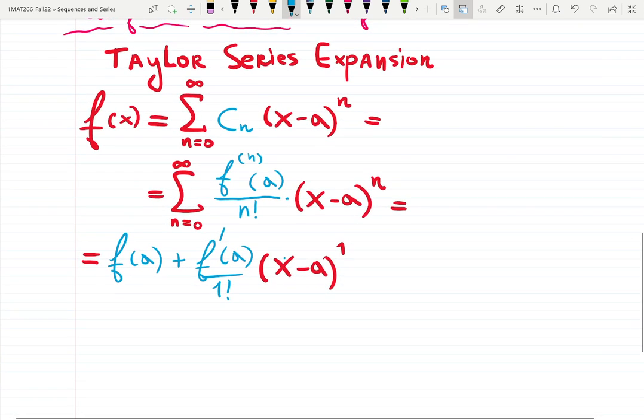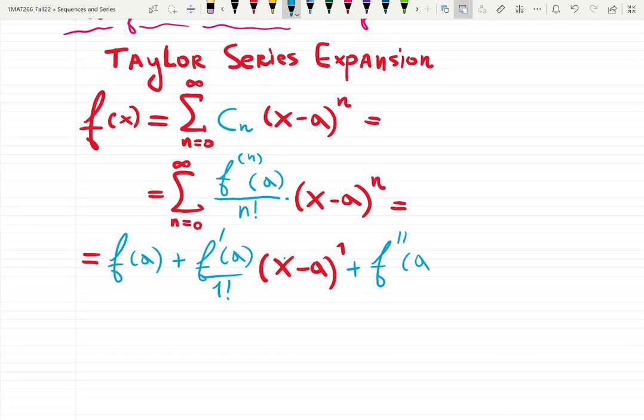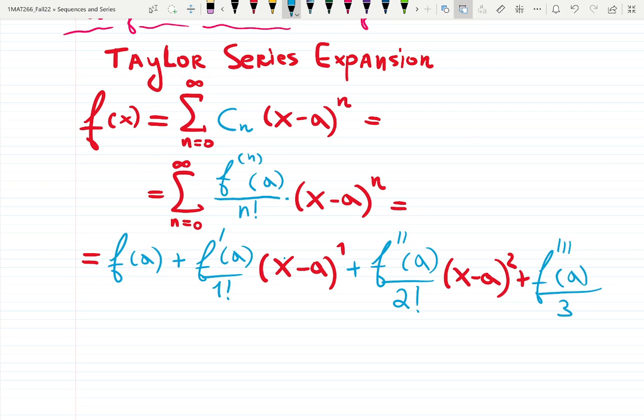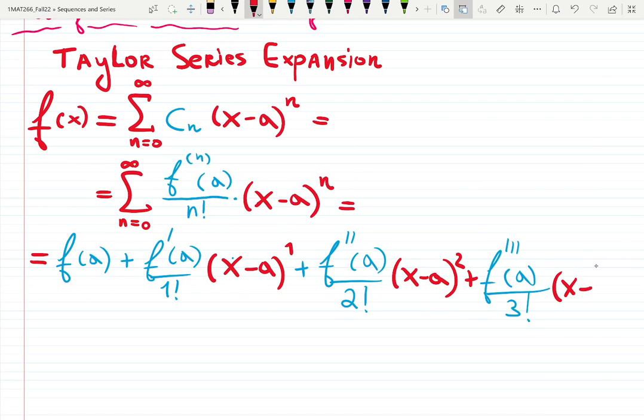Plus, the second coefficient will be the second derivative at a divided by 2 factorial, times (x minus a) squared. Plus, the third one will be the third derivative at the center a divided by 3 factorial, times (x minus a) cubed, and so on.